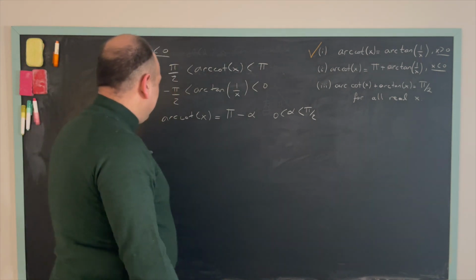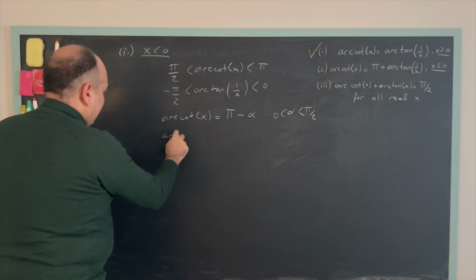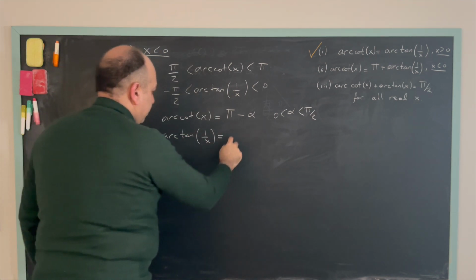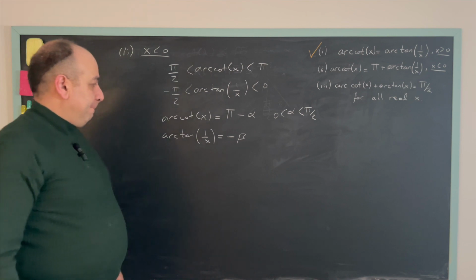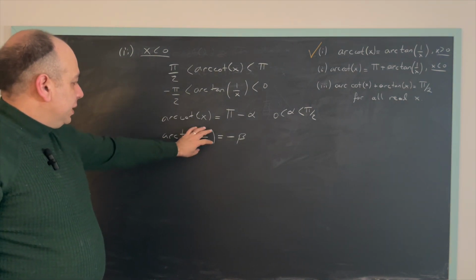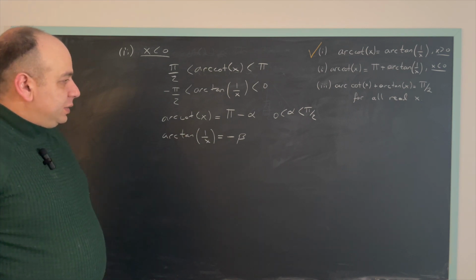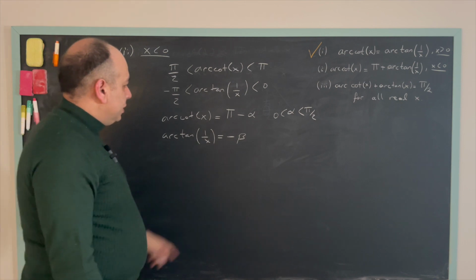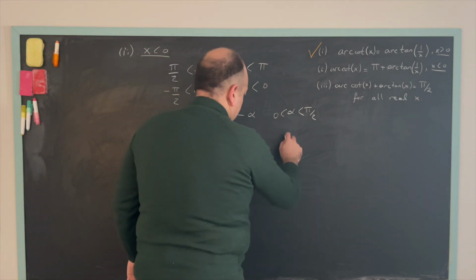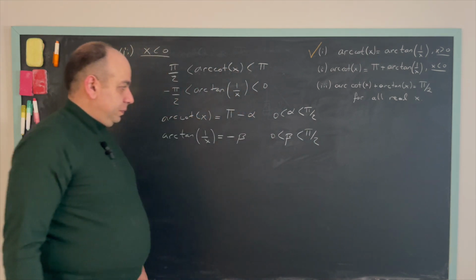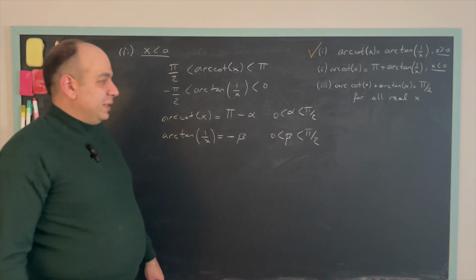So arctangent 1 over x will be equal to, let's say, minus beta, because x is less than 0, so it's going to be a negative number. Arctangent is going to be between minus pi over 2 and 0, like we said here. So beta is an angle between 0 and pi over 2. It's also an acute angle.